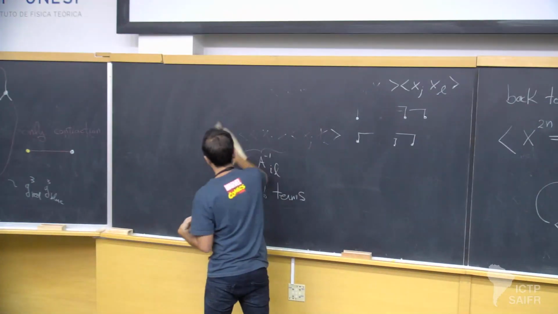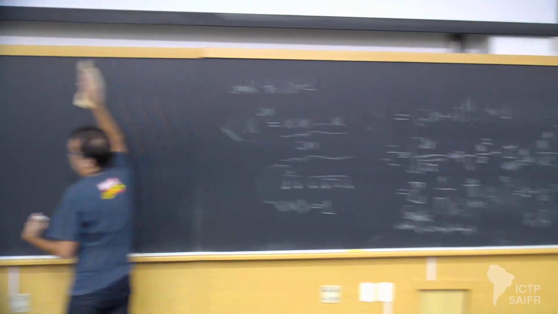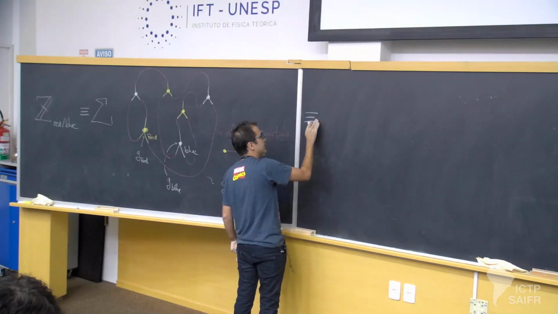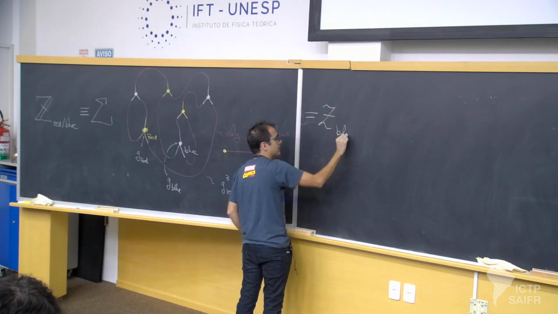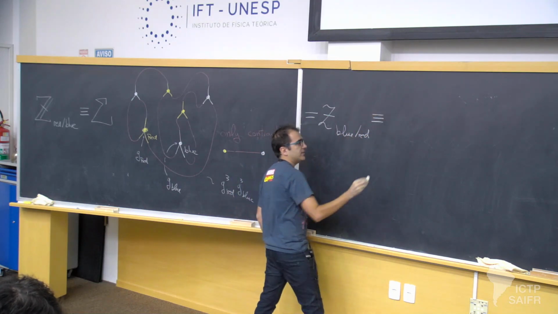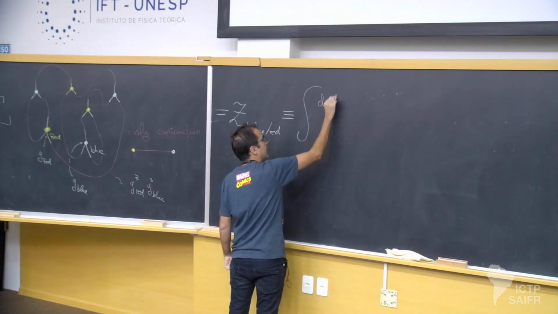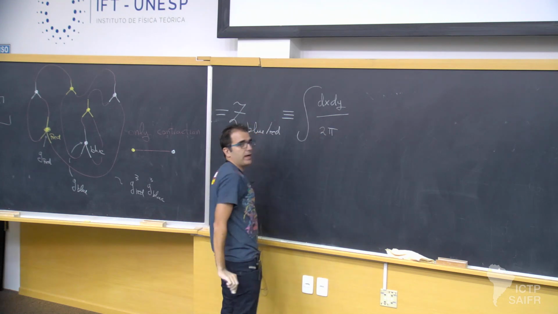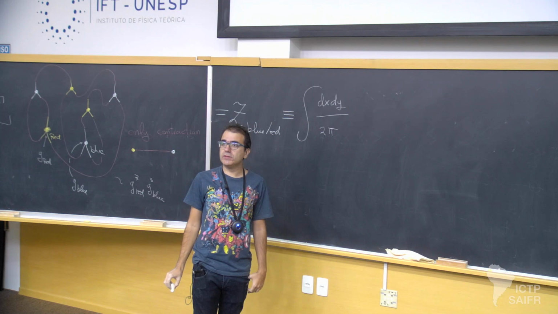But since the result is so beautiful, let's write it right down. So the claim is that this Z is equal to curly Z, that we can also put blue-red, which is defined as the integral dx dy over 2 pi. Now we are using the two-dimensional version, n equals 2 instead of n equals 1.